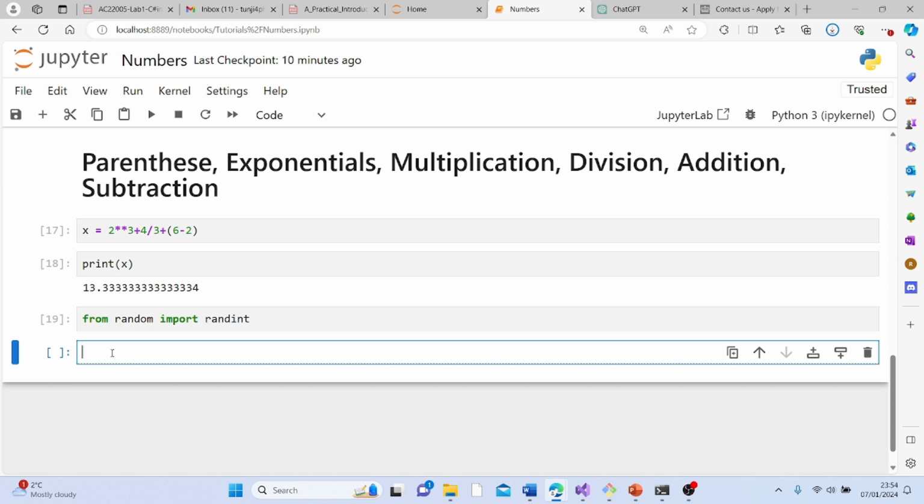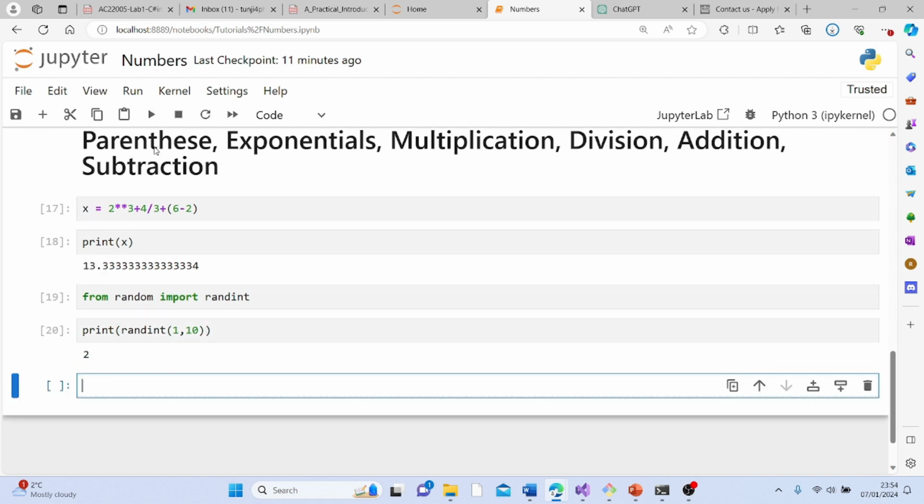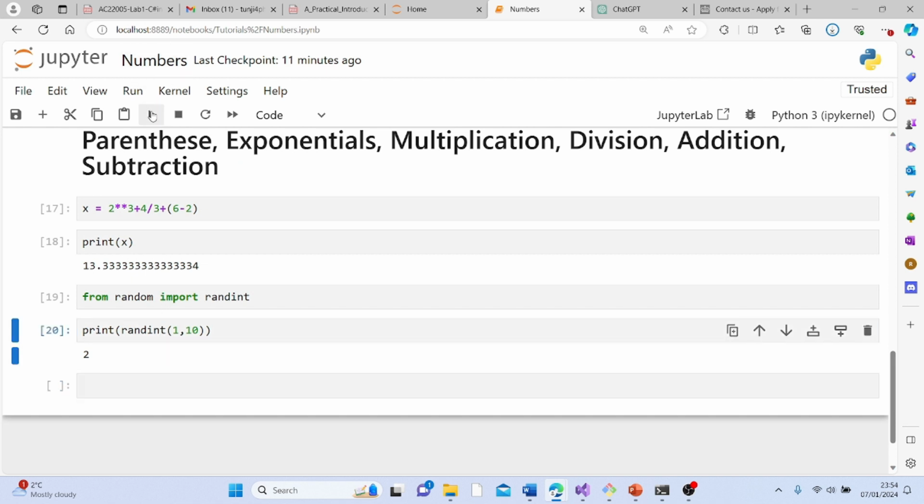So you can say x is equal to randint between 1 to 10. It picks random integers between 1 to 10. Let's print it. Instead of assigning this to a value, let's print the value. So any time we print this, we'll be getting a random integer between 1 and 10.